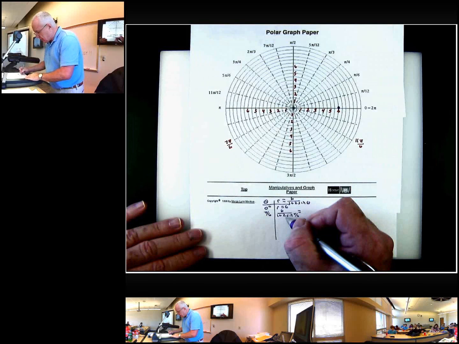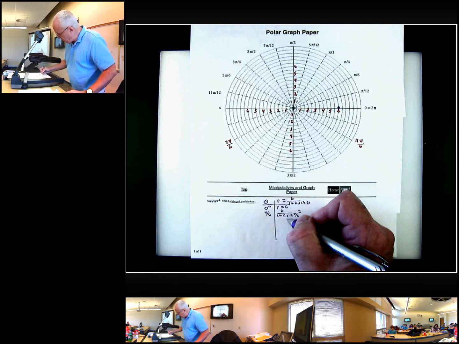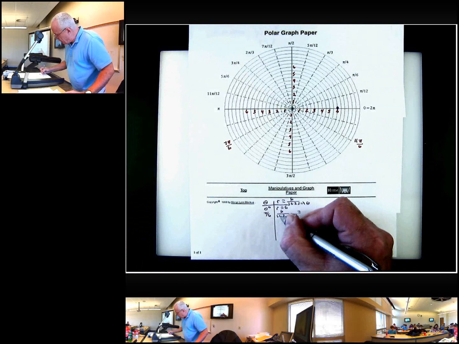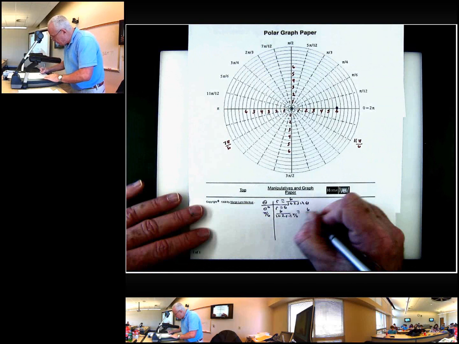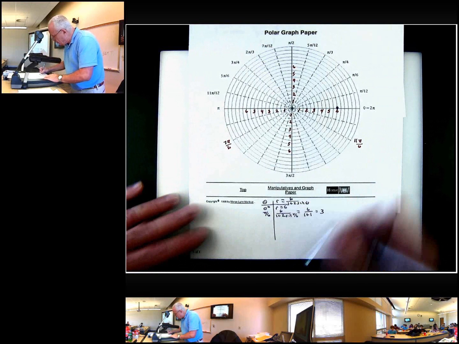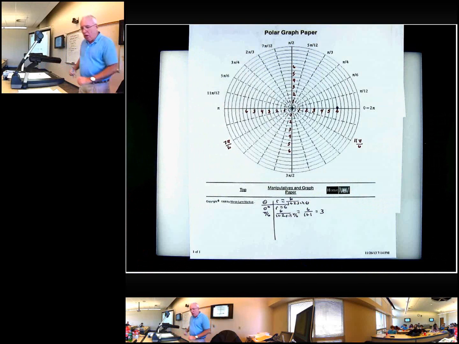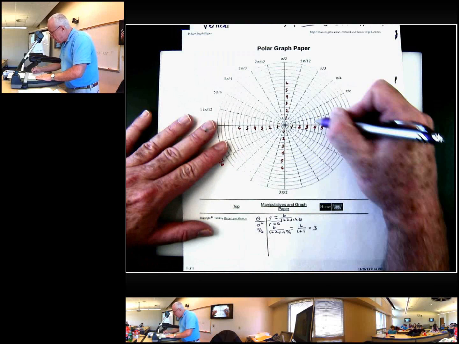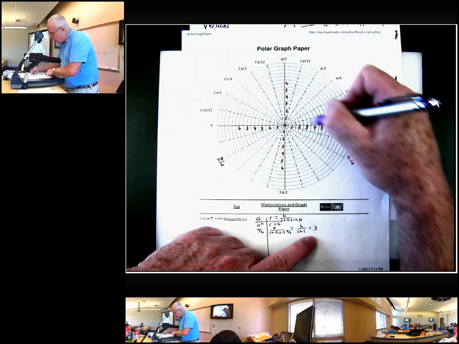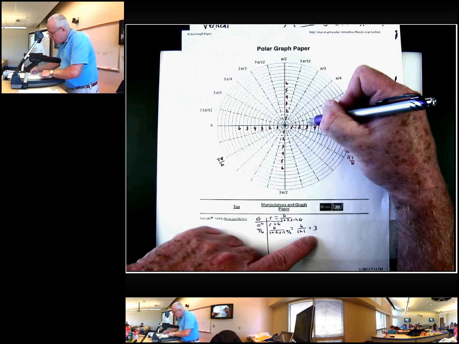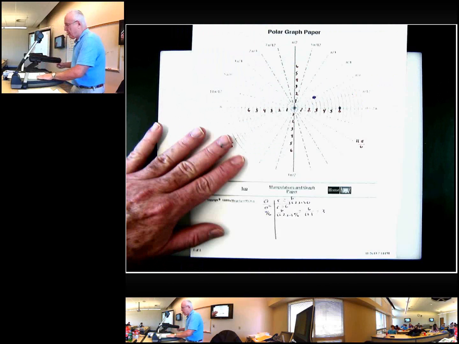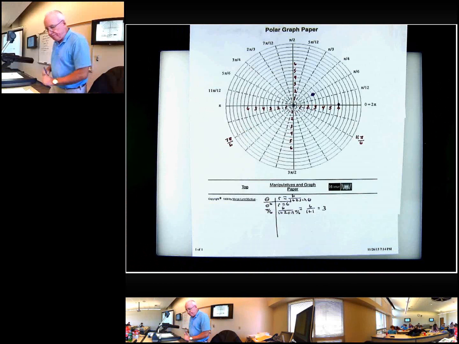Well, that's not right, so 6 over 1 plus 1, that's 6 over 2. We're going to get a 3. So for pi over 6, we're along this ray here, and we have an r value of 3. So that's going to be right there. That's another point.